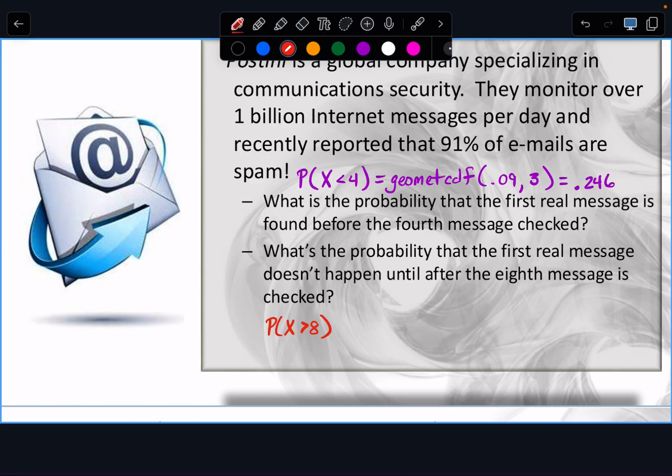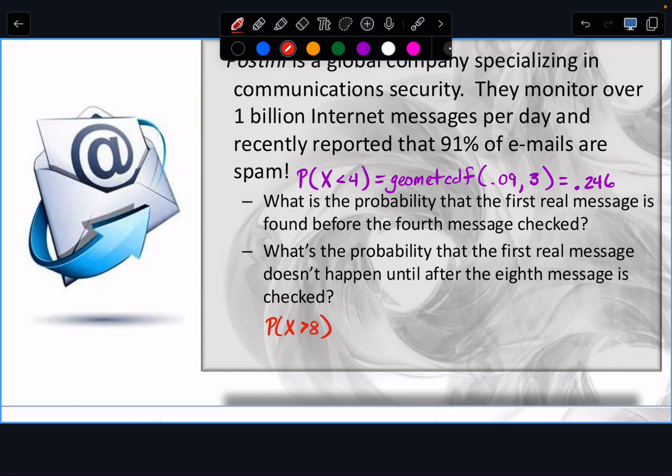As far as today goes, much easier process. If I want the probability that X is going to be greater than 8, and I think about what I'm actually looking for, basically what they're asking is, what's the probability that we fail 8 times? After that, we don't care what happens. So I don't care when we find the first message. We just need to make sure we fail 8 times before we do.